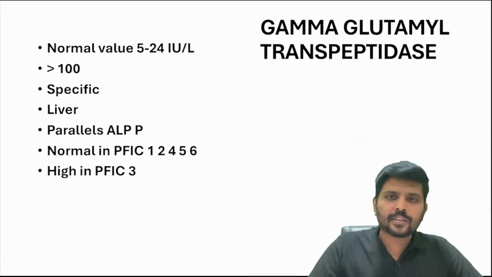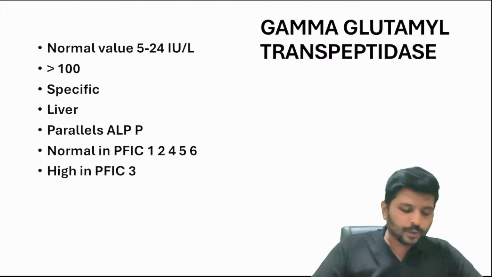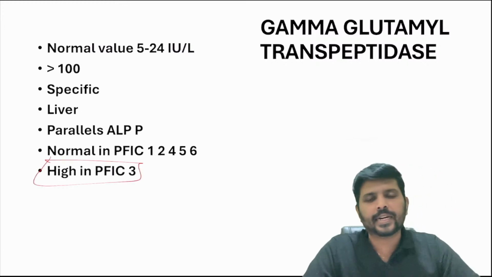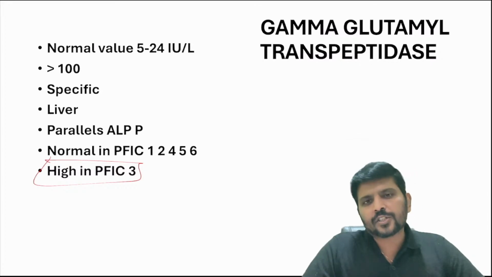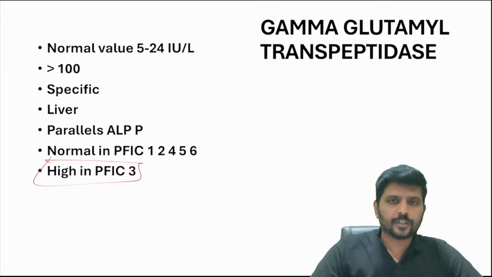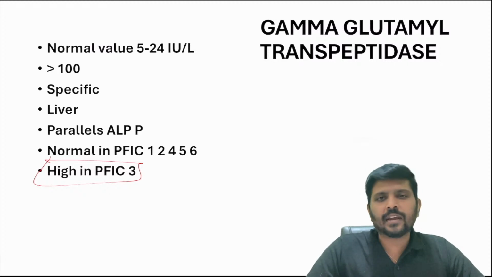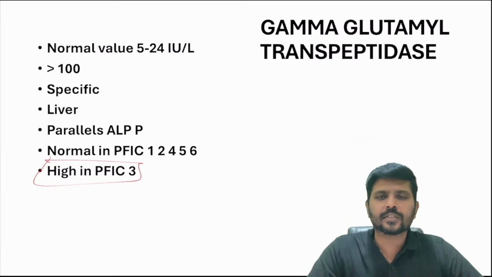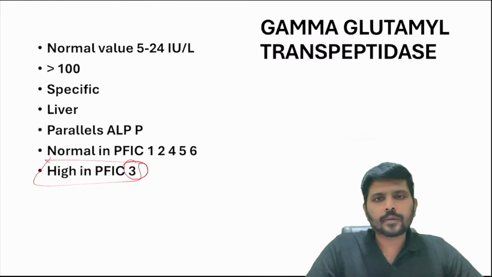And one more point with respect to gamma glutamyl transpeptidase is, in one particular group of diseases called PFIC, progressive familial intrahepatic cholestasis, the child will have intense pruritus and obstructive jaundice, but GGT levels are low in almost all types of PFIC, except in one type, which is type 3.